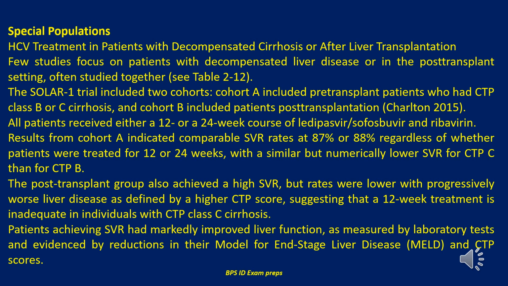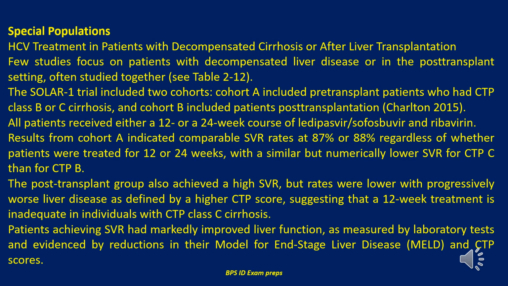Results from Cohort A indicated comparable SVR rates at 87% or 88% regardless of whether patients were treated for 12 or 24 weeks, with a similar but numerically lower SVR for CTP-C than for CTP-B.